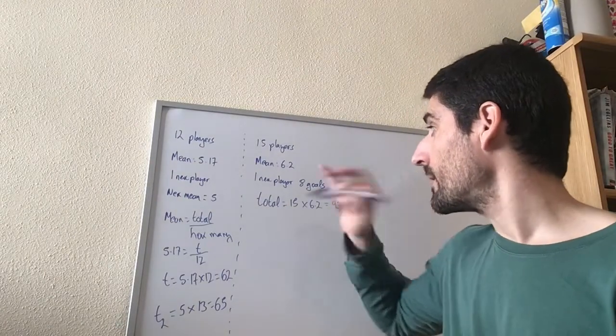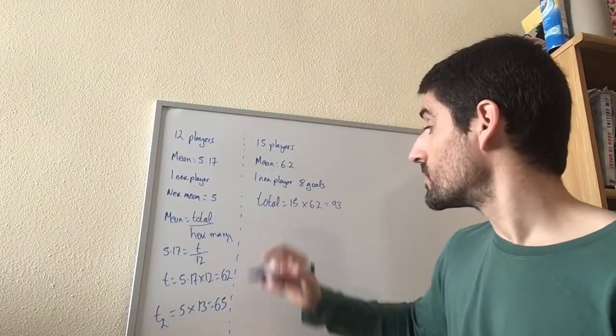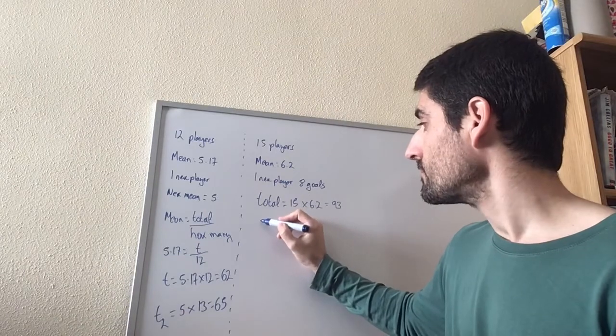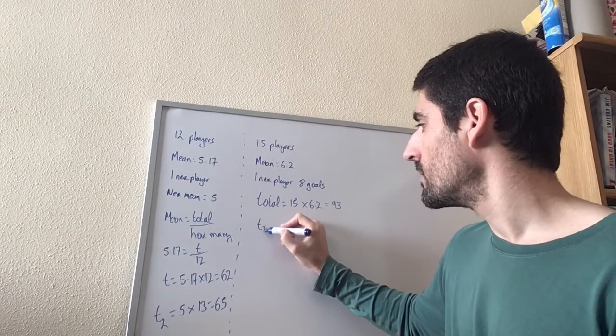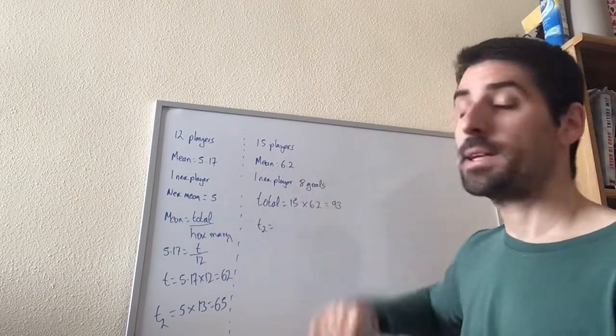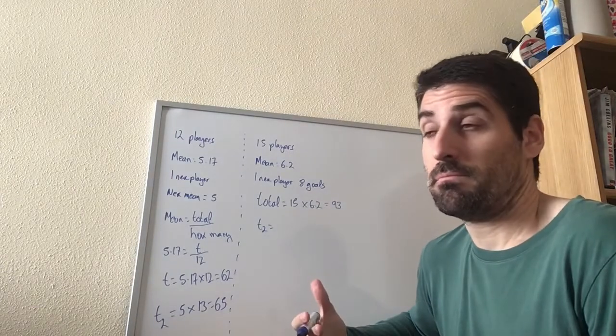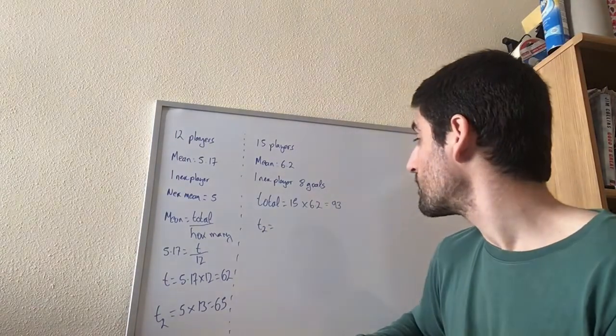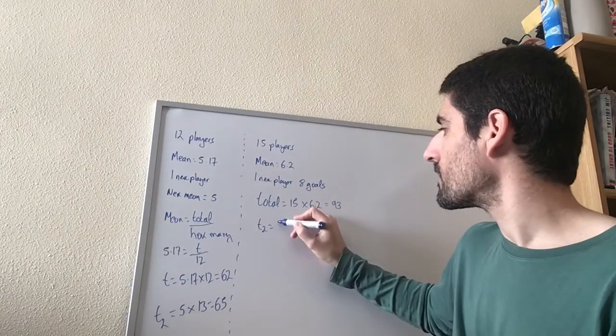But I've got a new player that has scored 8 goals. So the new total, let's call it T2, is going to be 93 plus 8. I've got 8 new goals, 93 plus 8, I make that 101.